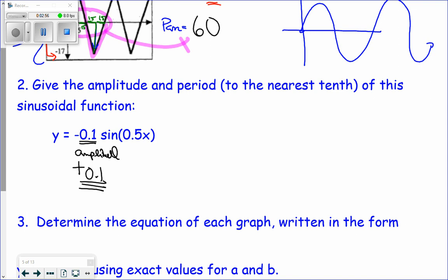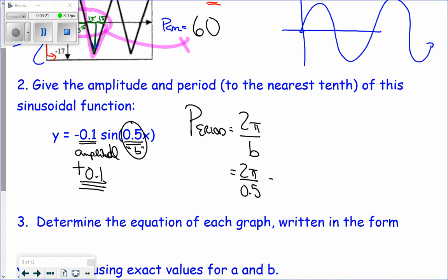Now, this number inside is what we call our B value. On your formula sheet, you are given this formula: period equals 2 pi over B. And this is the B value. So you're going to go 2 pi divided by 0.5.